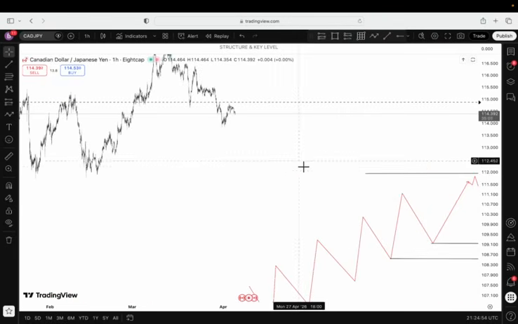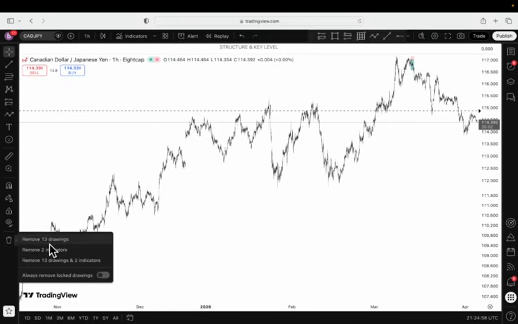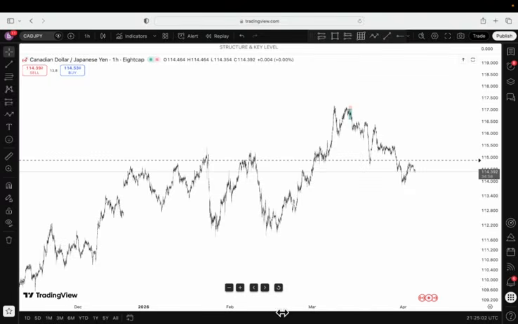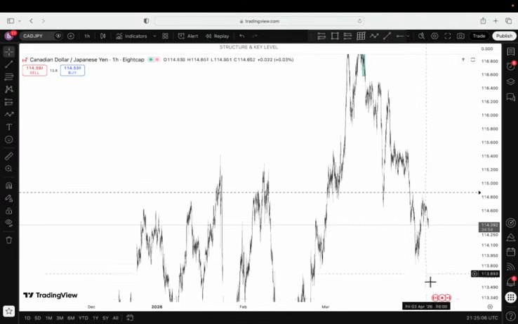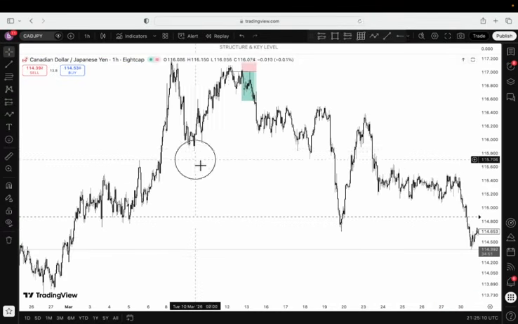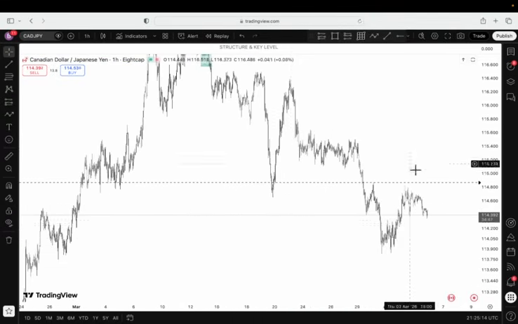So let's go and check this CADJPY, let's see what's happening here. I think nothing really changed from the previous week. It's just that we got our inducement, I think a new one thereabout.